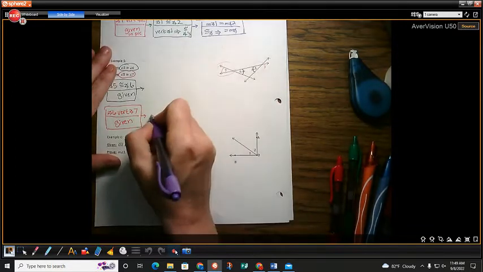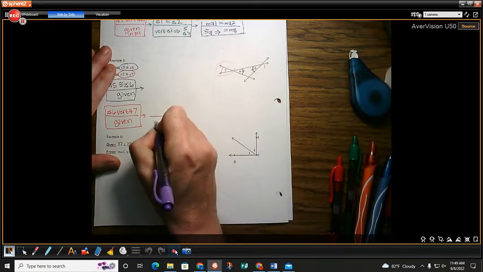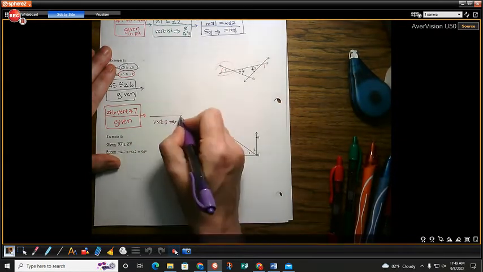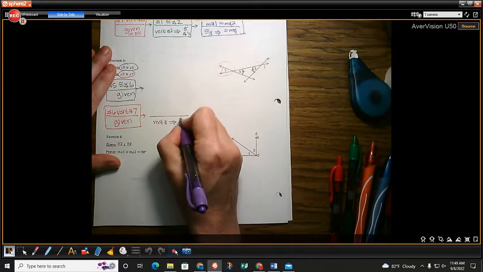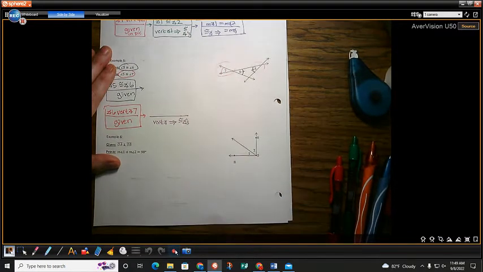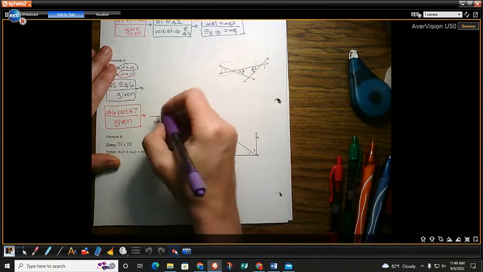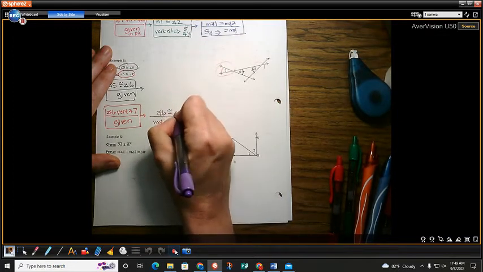So now that 6 is vertical to 7, where can those vertical angles lead me to? If 6 is vertical to 7, what's congruent? 6 and 7. So angle 6 is congruent to angle 7.